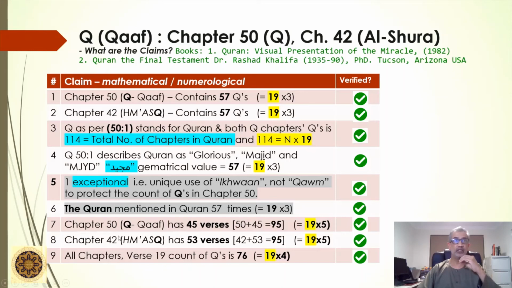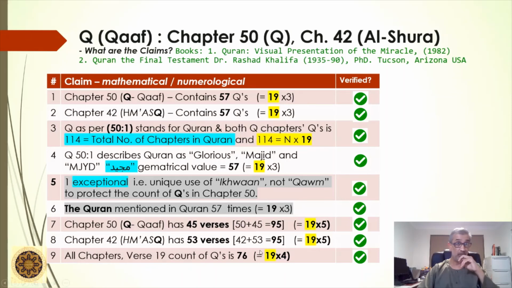Now these 7 and 8 claims are really about the interplay between the chapter number and adding the verses, and in both cases you get exactly 95, which is interesting, a mirror pattern between Surah Qaaf and Surah 42, almost like a ring or a mirror pattern between those two. Both of those added up to 95, and they are multiples of 19, exactly by 5.